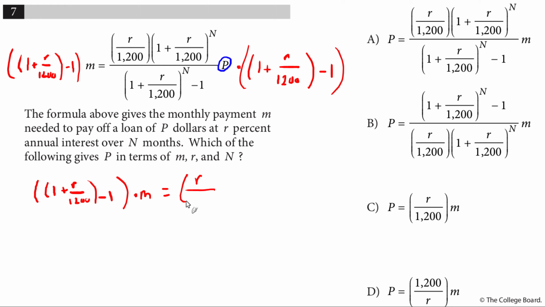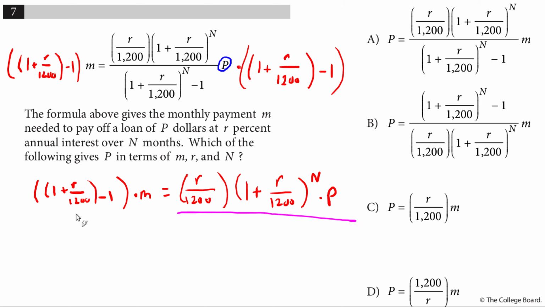So r over 1,200, 1 plus r over 1,200 to the n times p. And I still need to get p by itself. Notice I have things multiplied to the p, so I will just go through and divide everything by this mess.